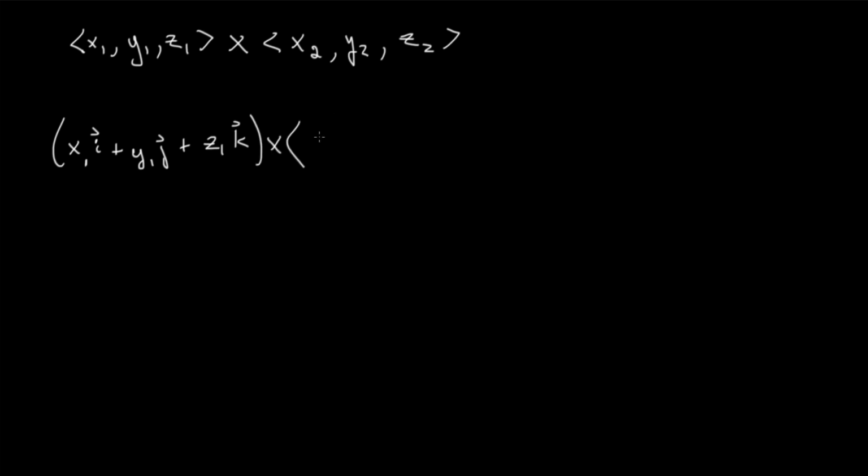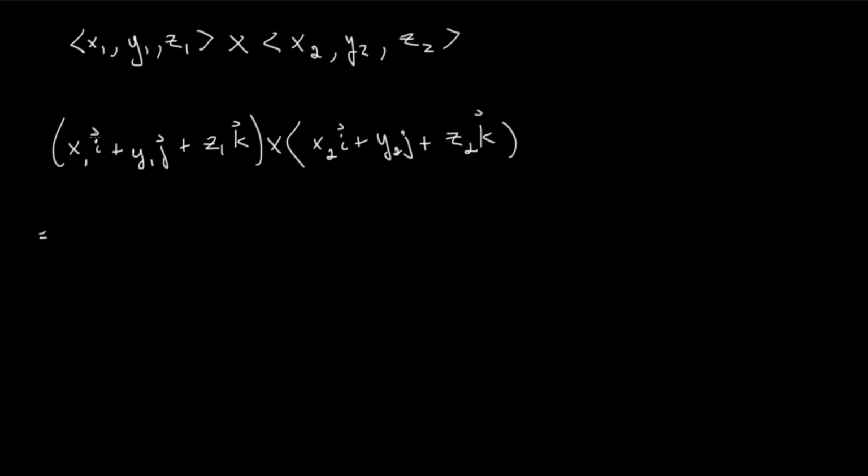And then over here, we can write this vector as x2 times the i vector plus y2 times the j vector plus z2 times the k vector. Right? We are boiling this more complicated question down into a unit vector question, which we know how to do already. All right, to figure out what this thing is, let's distribute.